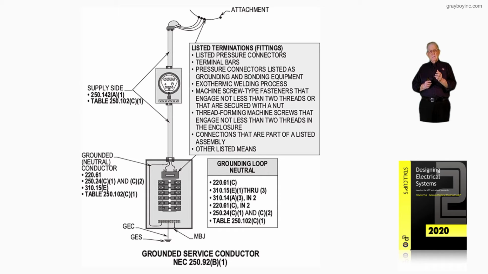Now, to make sure electricians understand this, the neutral in many cases will require a larger conductor for neutral load than it would be required for an effective ground fault path.